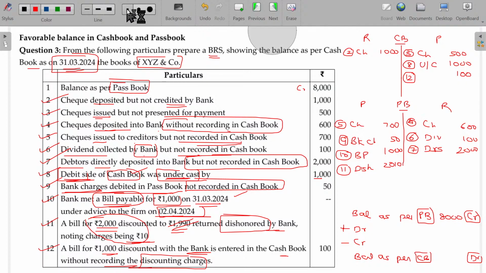Now, a bill for rupees 1000 discounted with the bank is entered in the cash book without recording the discounting charges.